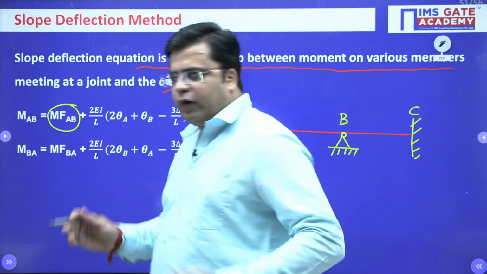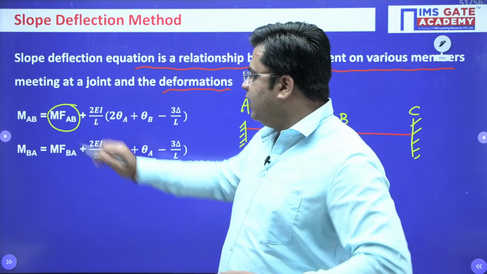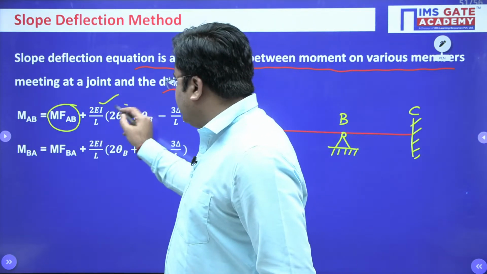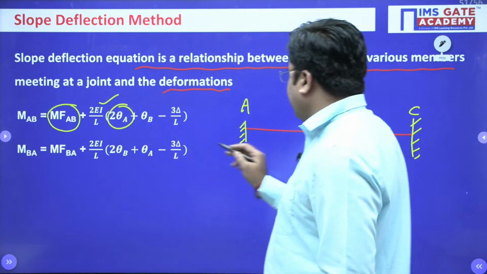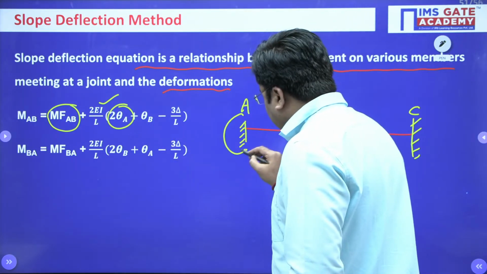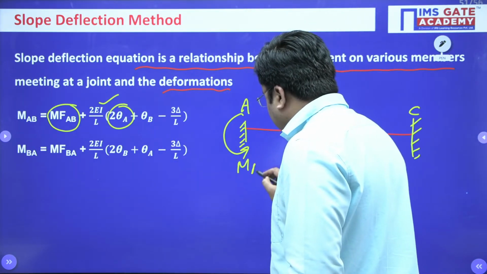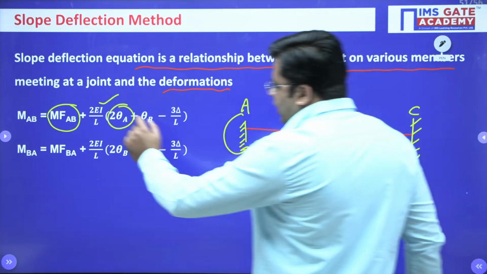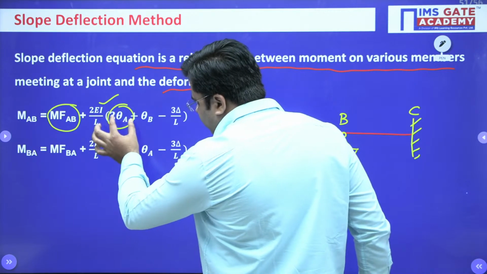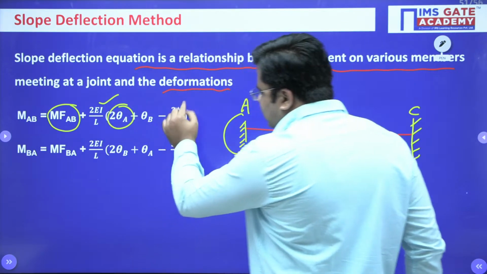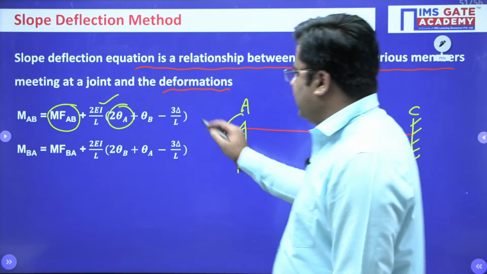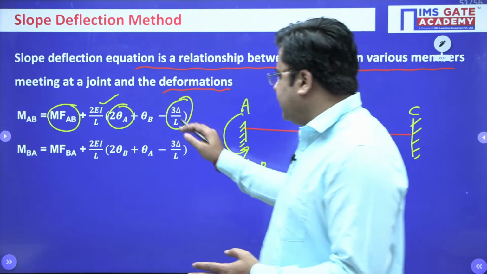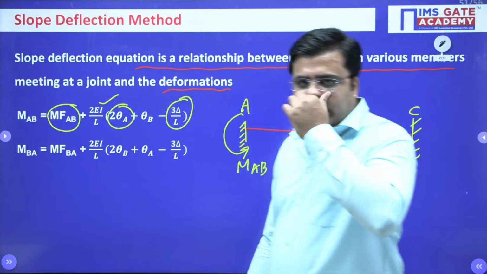First we fix both the supports and calculate the fixed end moments, plus 2 EI by L into (2 theta A plus theta B minus 3 delta by L). This is my MAB, right? This delta is the general case of sinking, if happening. If sinking is not happening, then you can just avoid this.